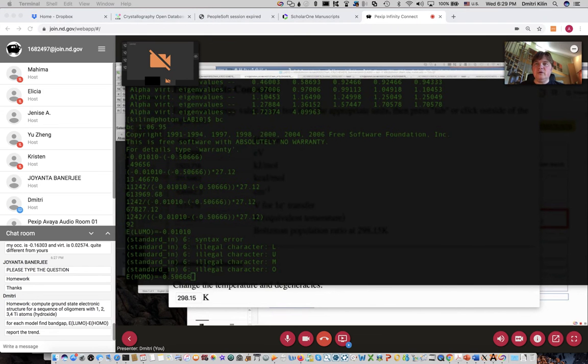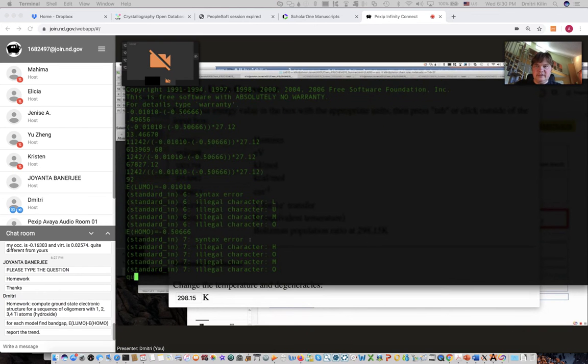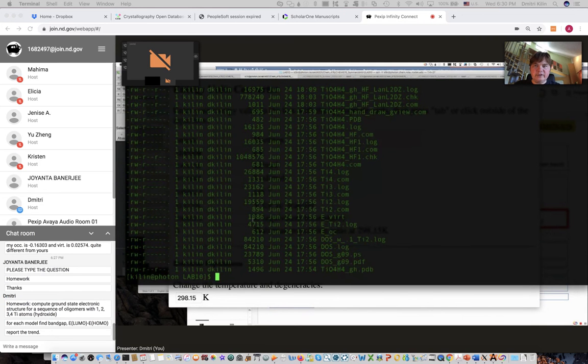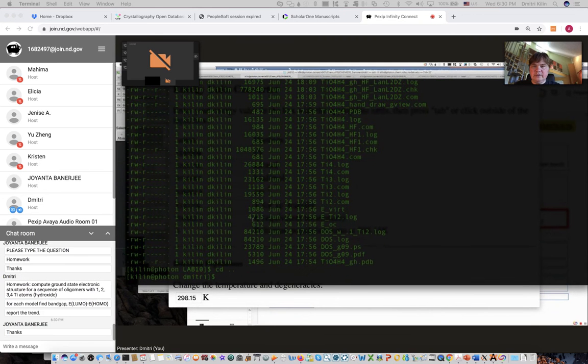I am going to exit this board calculator, quit, and I'm going to inspect directories one by one and see if you have the right files there, and help if needed.